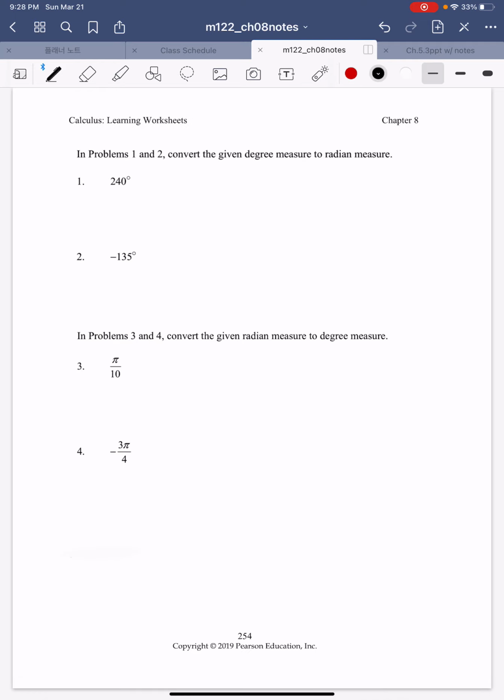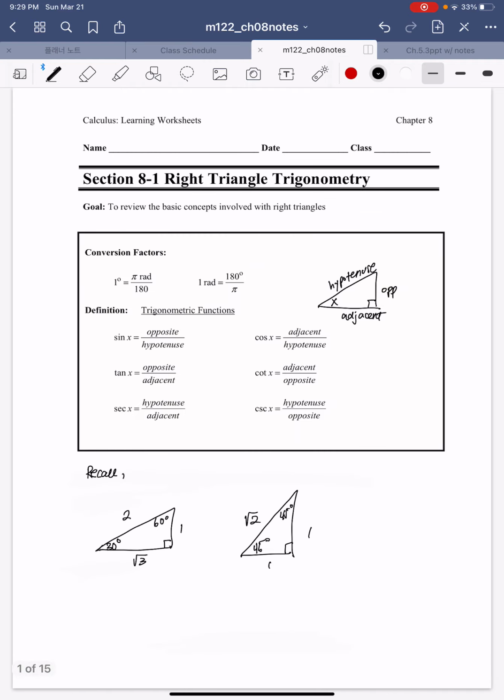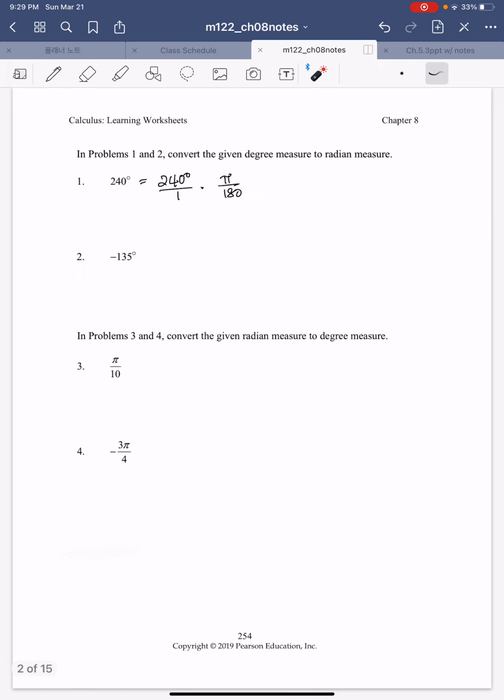So we start with 240 degrees. That is equal to 240 degrees over 1 times pi over 180. We use this conversion factor to multiply. You can also put radians here as a unit, and degrees here. Notice that degrees cancel out because they're on opposite sides.